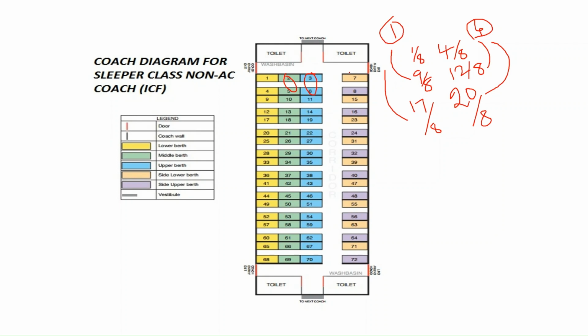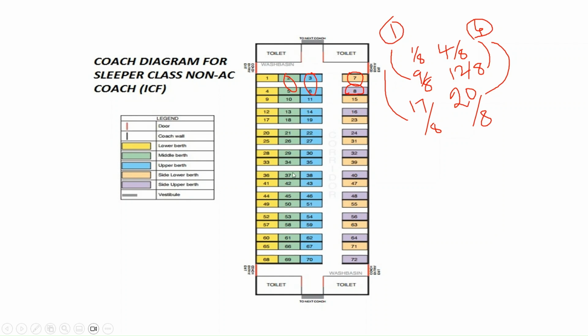If you divide it by 8 and the remainder is 7, then it is a side lower berth. If you divide it by 8 and the remainder is 0, then it is a side upper berth. So as per this logic, let me check the solution.